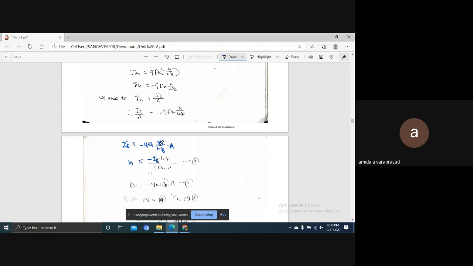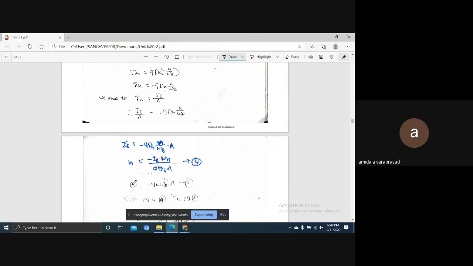Keep this n on the left side and send the remaining parameters to the right side. n is equal to minus I_E into W_B, the width of the depletion region, divided by q into D_n into A. This is equation 4.